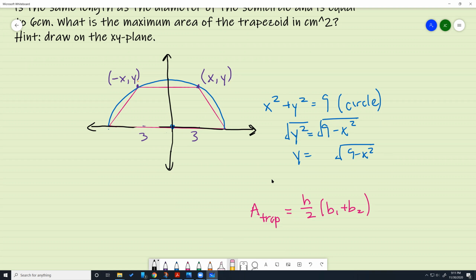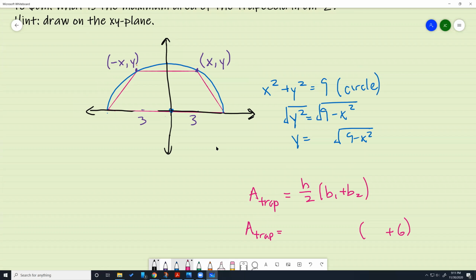I'm going to write it out here. The rest we have to be kind of clever. The height of the trapezoid, you see how it touches the xy coordinate of the semicircle as well? Well, height is vertical, and that's measured by the y value.